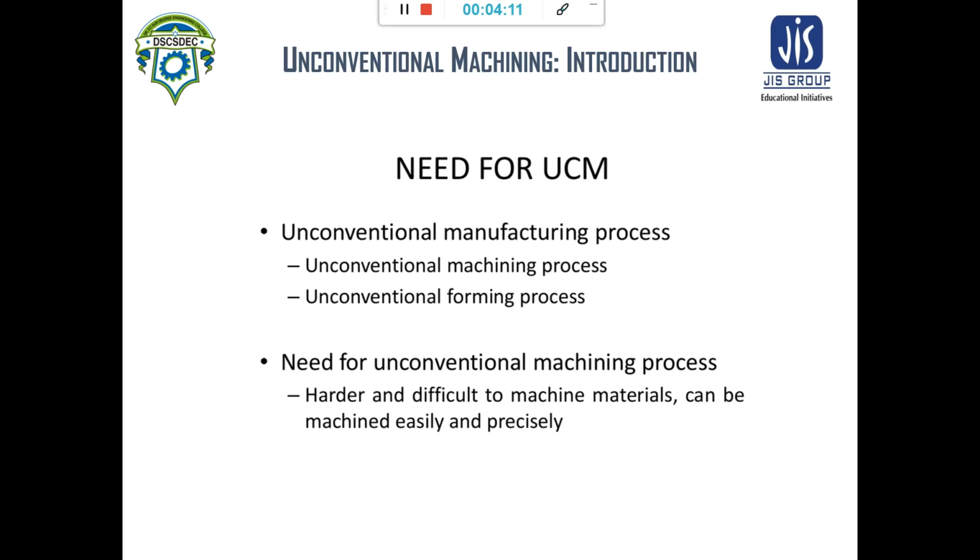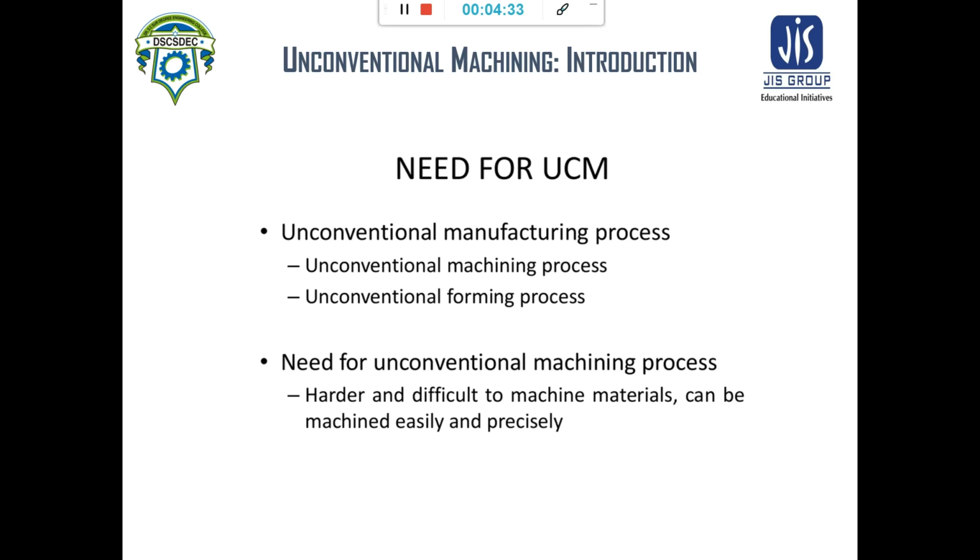So in unconventional manufacturing, there are two types of processes. First one is unconventional machining, next is unconventional forming process. In case of unconventional machining, harder and difficult to machine material can be easily machined. This is the first thing.